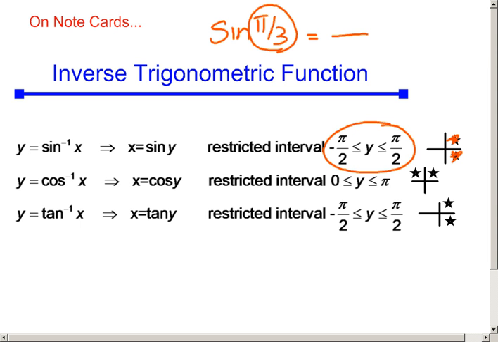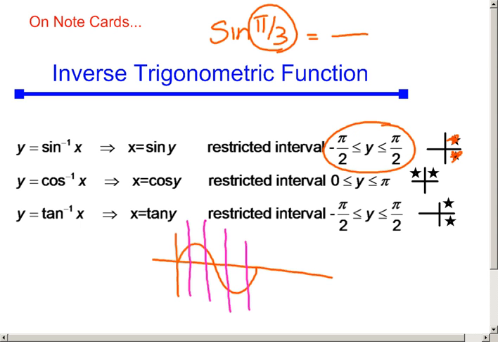The reason you have restricted intervals is this, you guys. Here's the sine function. This is how the sine function works. It looks like that. If you remember way back when, in order to have a function, it had to pass the vertical line test, which means you have to be able to draw a vertical line anywhere along that graph, and it can only hit the line in one spot, which it does right there.